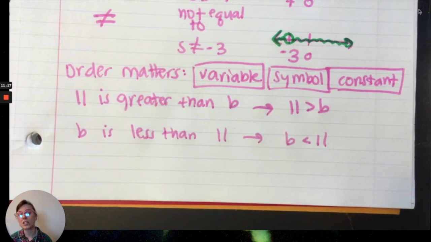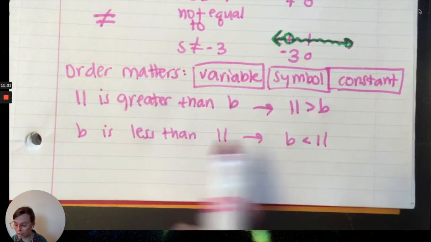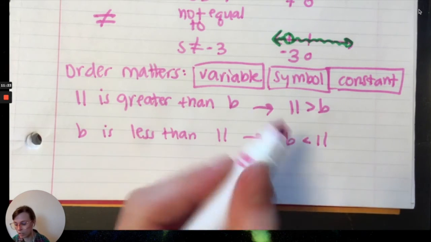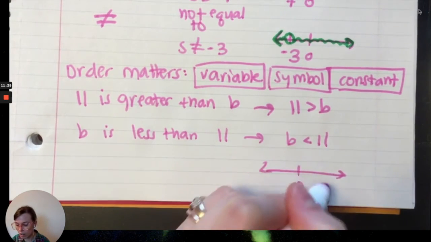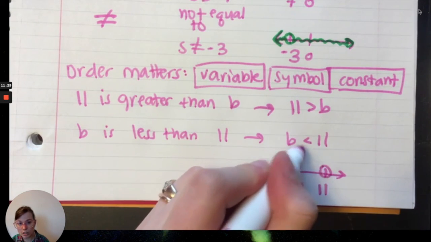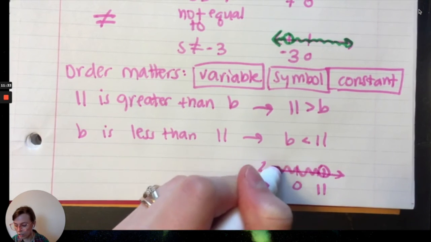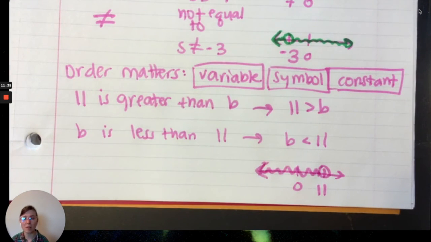Both of these are the same. So remember, if you want to trust the symbol to graph it, I would actually use this second one to graph it. I'd have a 0, I'd have 11. I know it's going to be an open circle, and I know I can trust it because it's variable, symbol, constant. So I'm going to shade to the left. So if you have the same color like a pencil, I would do a squiggle and then make sure you go all the way to the arrow. That way we know it's all the way down there. It's not just part of the way of the number line, it's all the way down there.